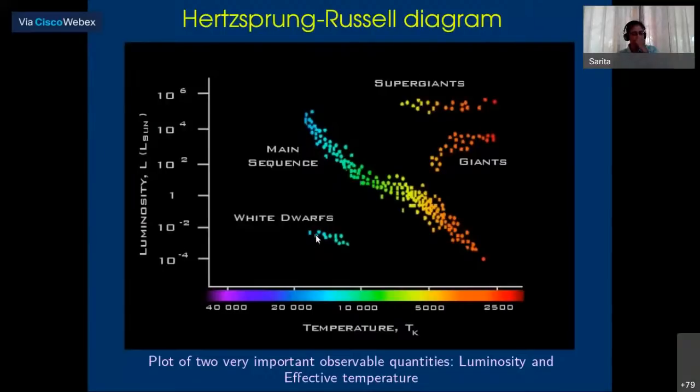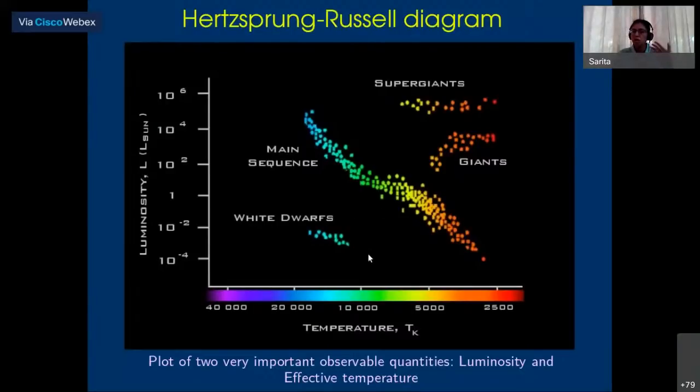And why are there no stars present in the other regions? Because of the physics and how energy generated in the interior is getting transferred outside, which depends on many factors, the star is not allowed to have any arbitrary radius. Any arbitrary radius you cannot have.